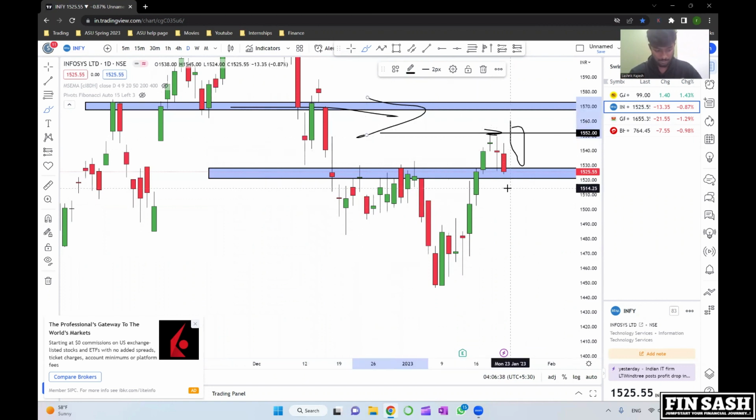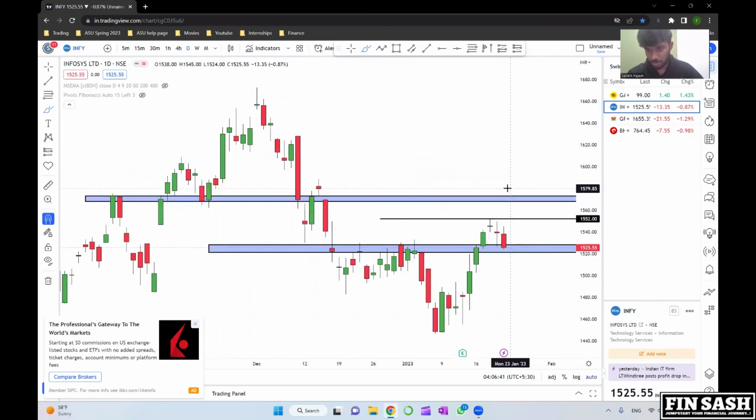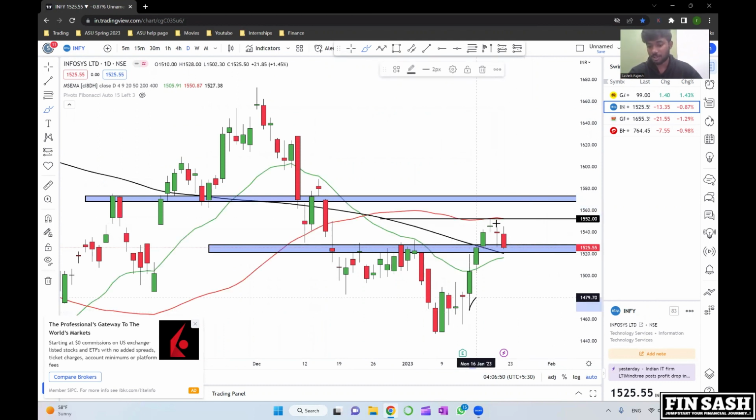Or if you guys want a better risk to reward trade, if there's a green candle somewhere here itself, I'll take up the trade, and this could be my level. But again, this is a stock which continuously moved up, and this could be a fake breakout. So just watch out for that.